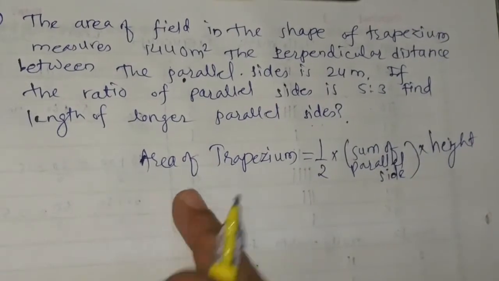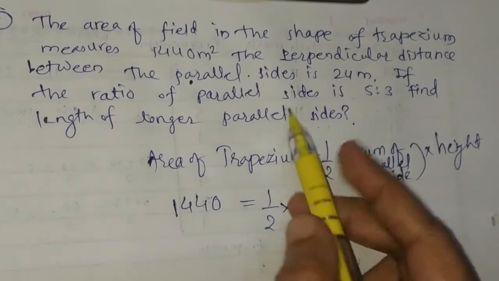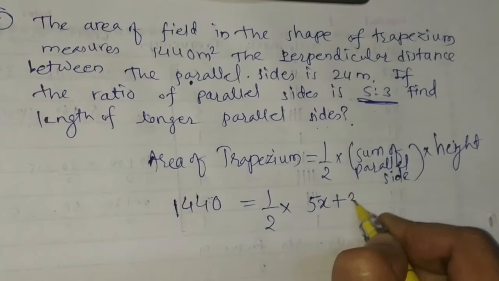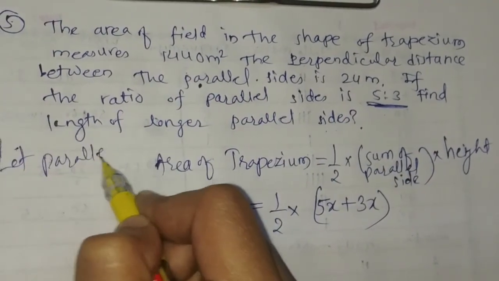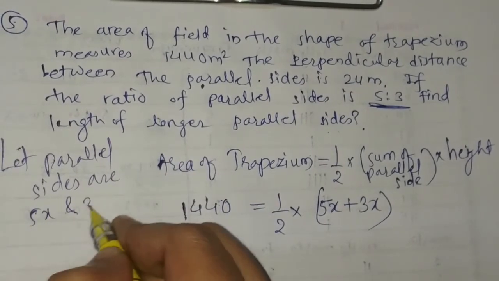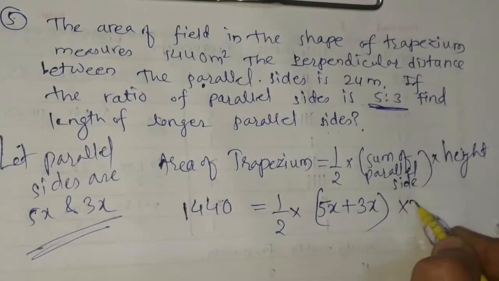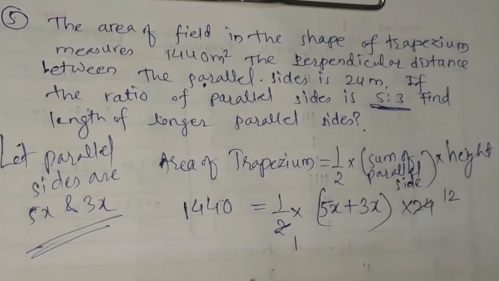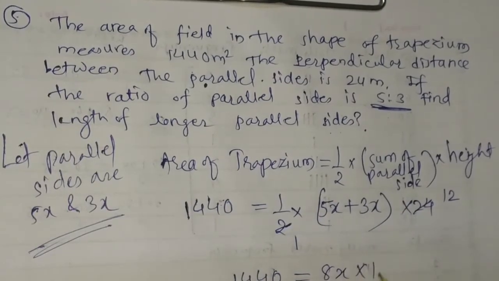Here the area is already given, which is 1440. The sum of parallel sides is not given, but their ratio is given, 5:3. So let the parallel sides be 5x and 3x, and the height is given as 24 meters. You can simply cut it, 2 ones and 12s. 5x plus 3x will get 8x into 12.